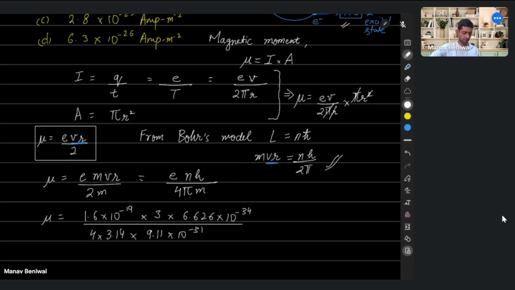Okay, so if we solve this, we will get 3 into 6.626 into 1.6 divided by 4 into 3.14 into 9.11, and these powers will become 10 to the minus 22.